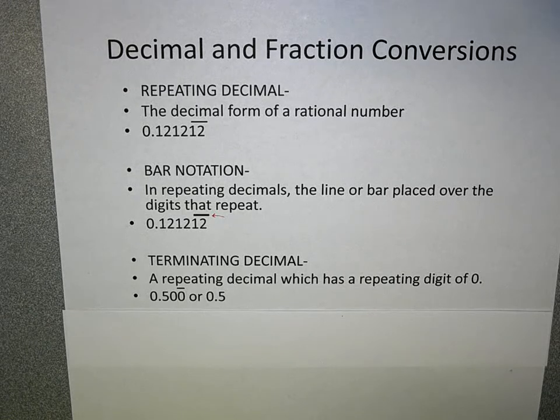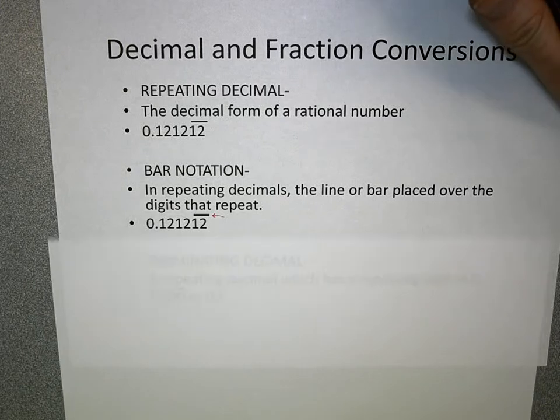All right, so what I want you guys to do right now is go ahead and put your binder away. Go ahead and grab your book. Turn to page 267. 267.